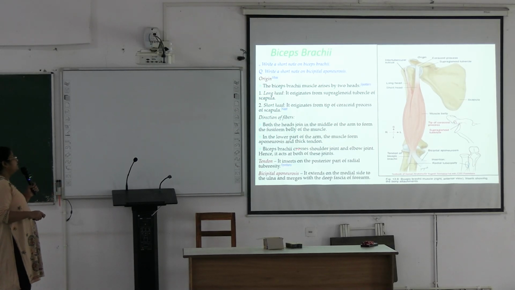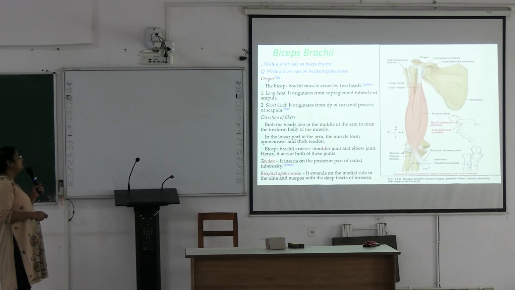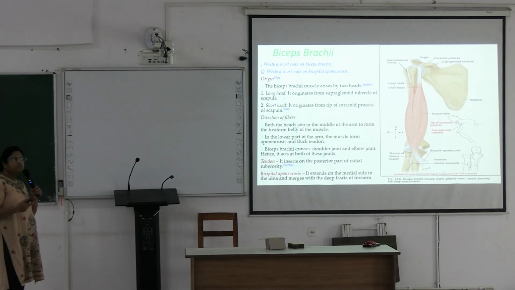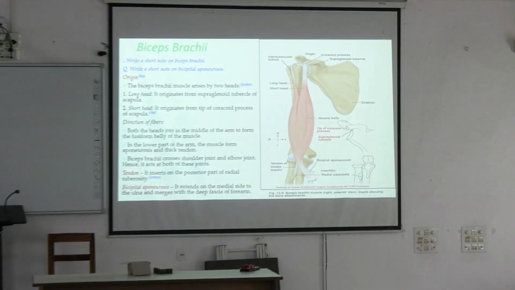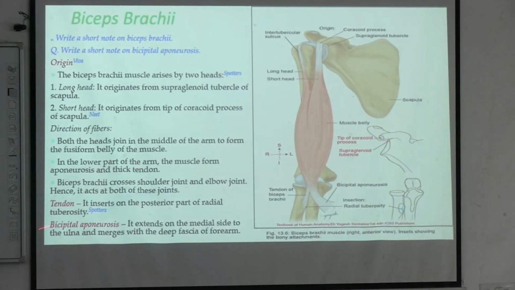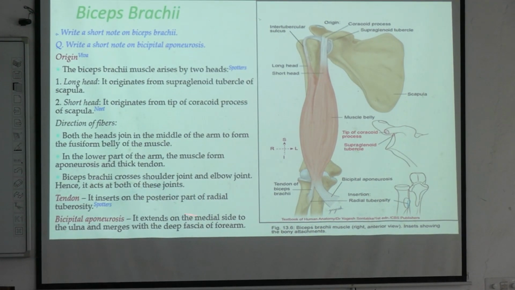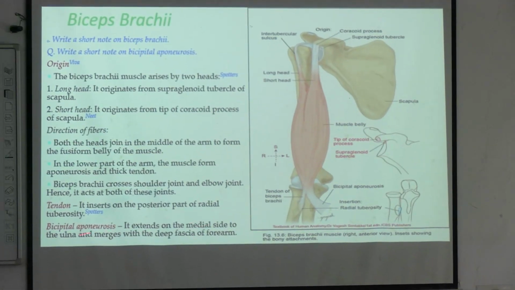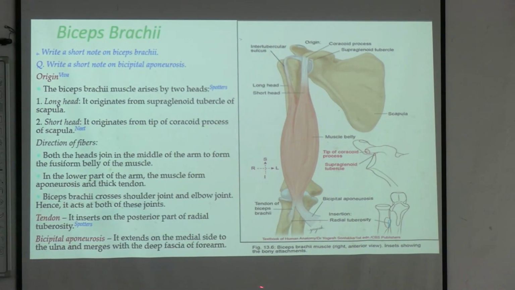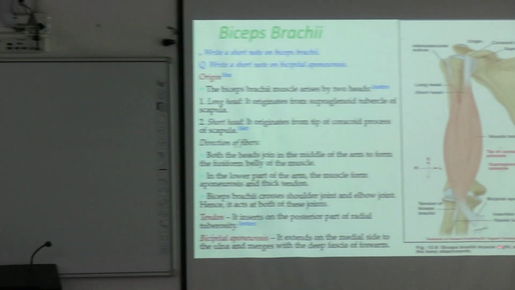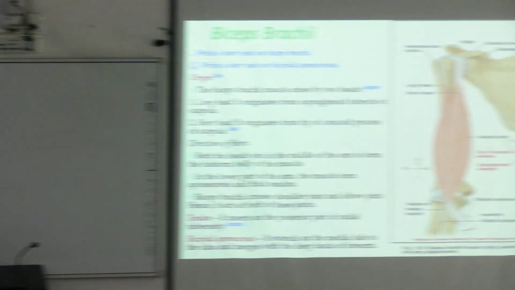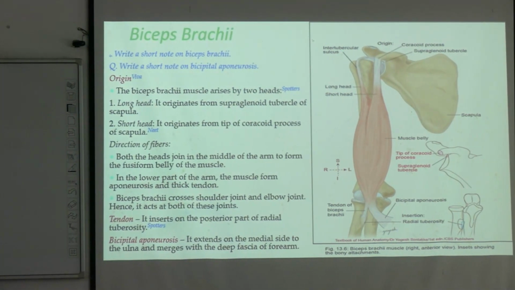The biceps brachii crosses the shoulder joint and elbow joint, hence it acts at both these joints. The tendon inserts on the posterior part of the radial tuberosity, and the bicipital aponeurosis extends on the medial side to the ulna and merges with the deep fascia of the forearm. So here is the insertion of the tendon in the radial tuberosity, and this is the bicipital aponeurosis. It merges with the deep fascia of the forearm.